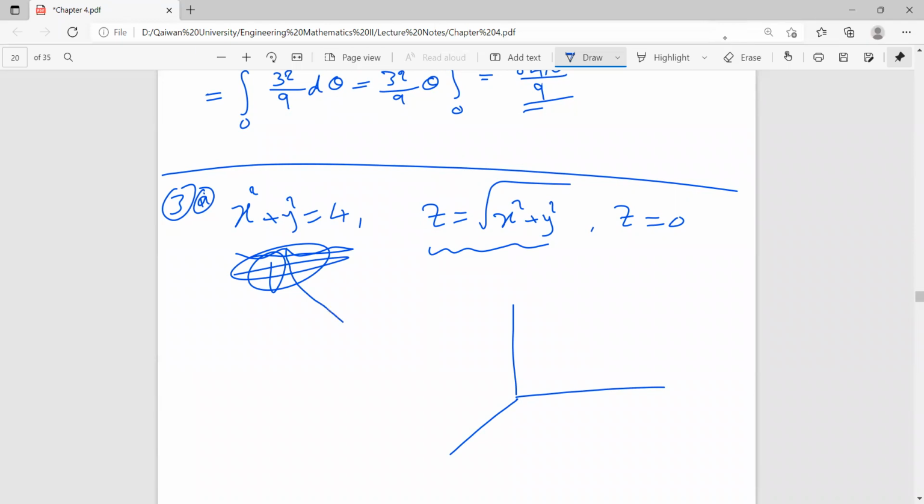The graph of this on the xyz plane is the circle. Now we expand the circle along the z-axis, and it becomes a cylinder. Here we get this.